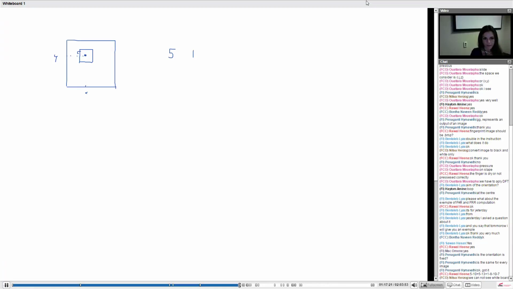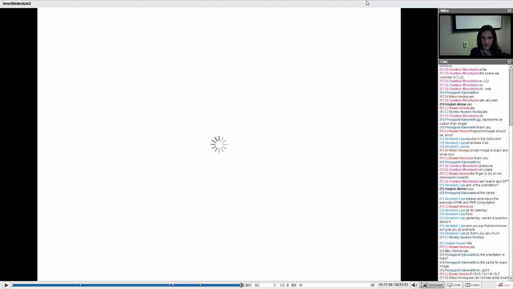So we have 5, then 10, minus 5, 15 here, minus 1, 8, these are values of the orientation, 10, and then 7 here.